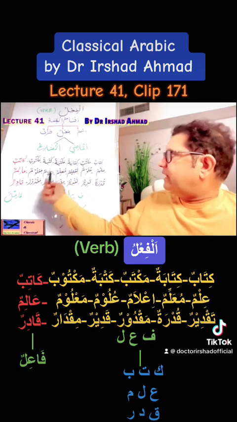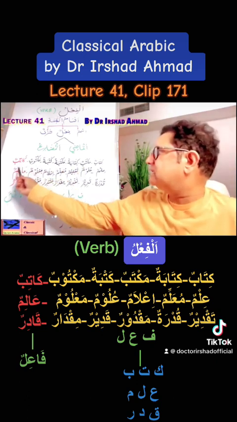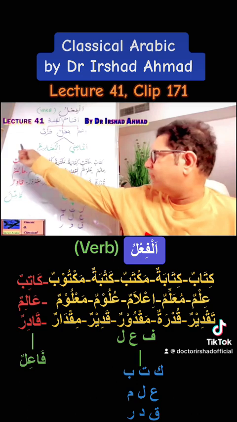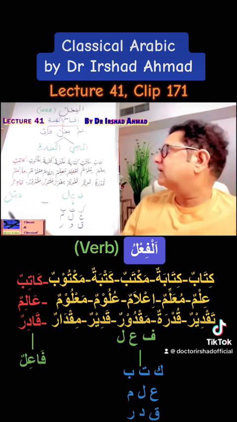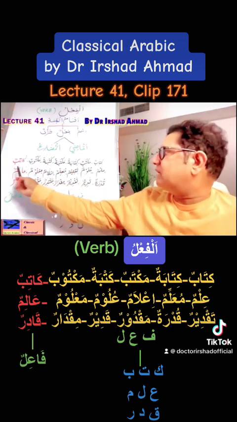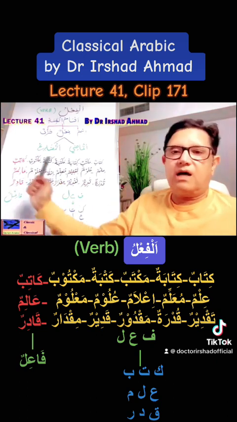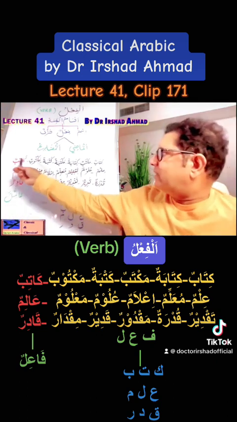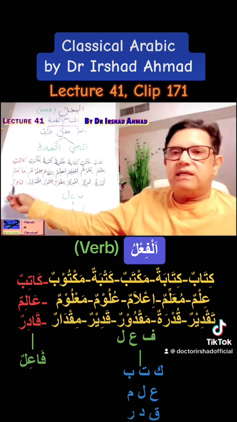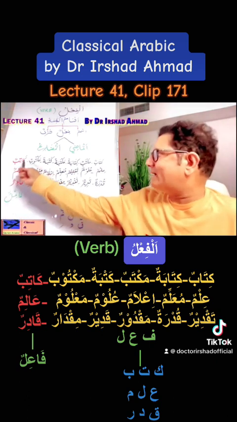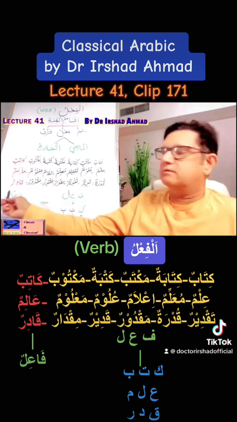Also, if we look here, I have just highlighted these three words in a vertical column: khatibun, alimun, khadirun. If we focus on these three, we will see the pattern. They have got a common pattern.